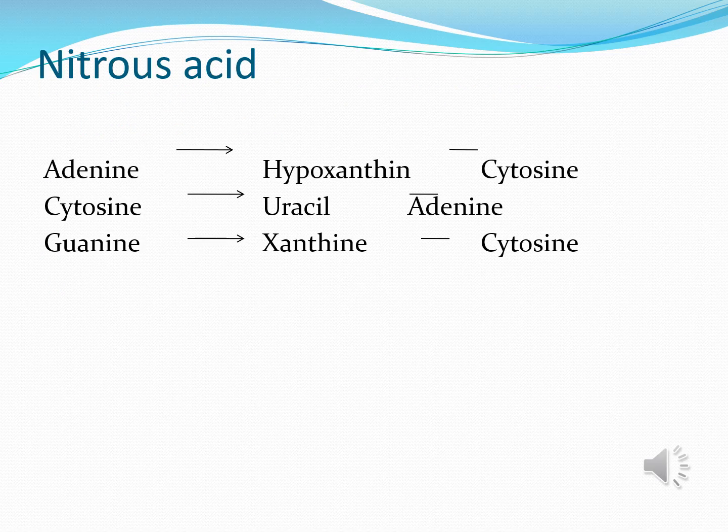Nitrous acid is a deaminating agent. It removes amino groups from bases. Adenine becomes hypoxanthine, which pairs like guanine, causing an adenine to guanine transition. Cytosine becomes uracil, which pairs like thymine, causing a cytosine to thymine transition.